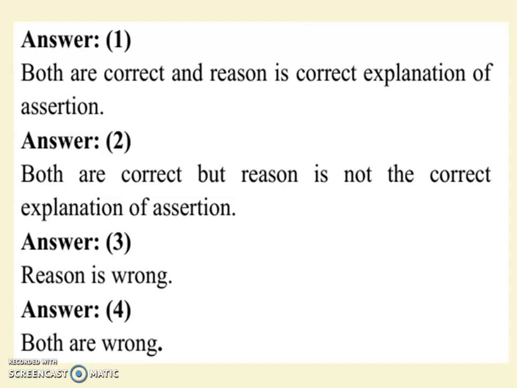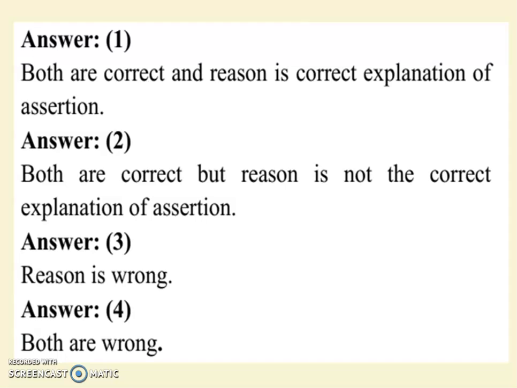There will be two statements, one is the assertion and the other one is the reasoning. If both are correct, meaning the assertion is correct and the reasoning is correct, and the reason is the correct explanation of the assertion, then the answer will be option 1 or option A. If both are correct, but the reason is not the correct explanation of the assertion, then the option will be B or 2, right?